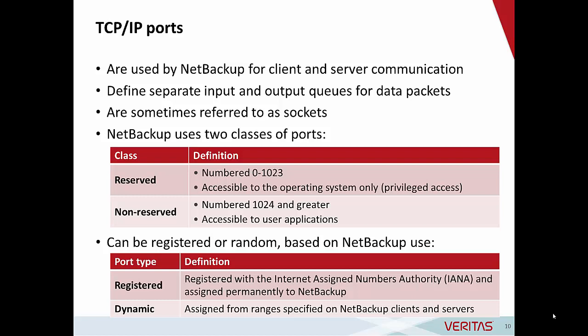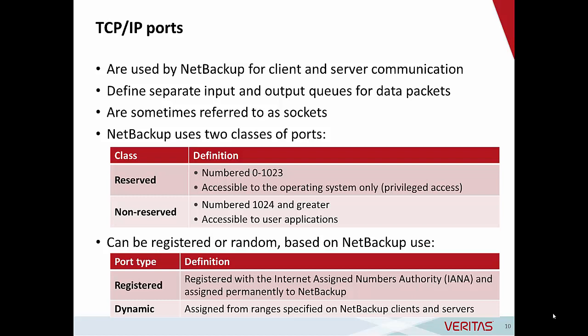However, this behavior of dynamic port assignment, where NetBackup just grabs a random port from the operating system, is used only for the sending of data between hosts, because the sending port won't really impact a firewall. It's the listening port that impacts the firewall. And it's used for communication within a host, where the exact port in use is less of an issue.